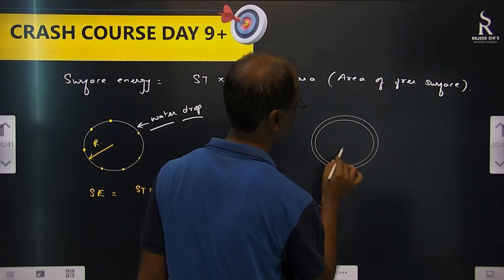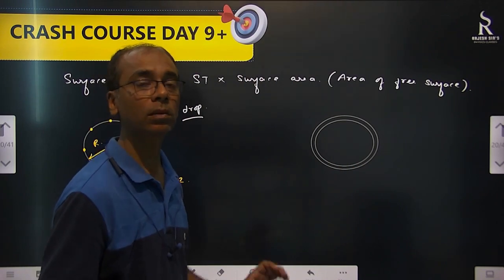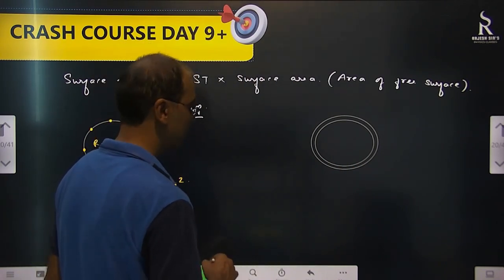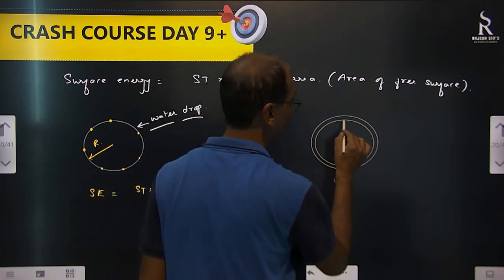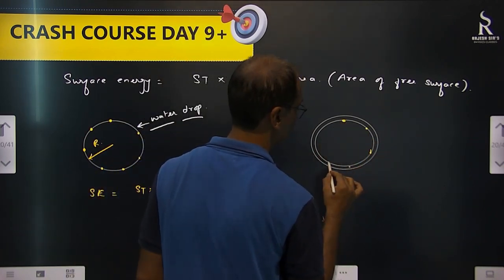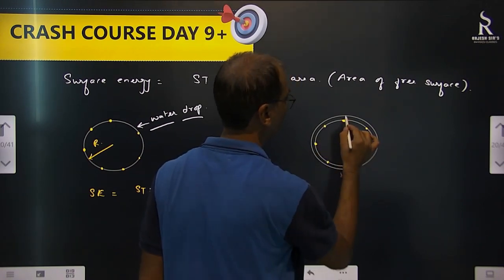Bubble will be like this. So a bubble has two surfaces, two free surfaces. When it has two free surfaces, then free particles will be here also, and here also.